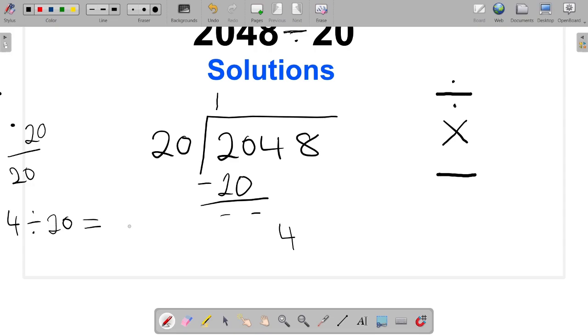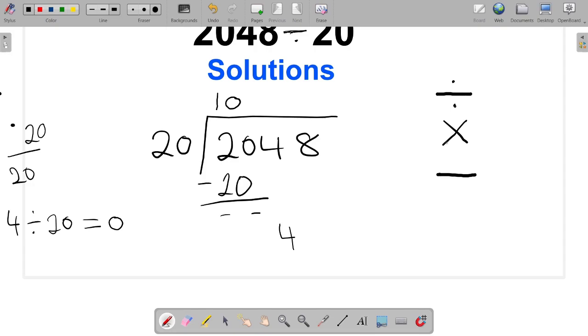Because this number is in the middle, when the number cannot divide, you just write 0, because the number we are dealing with is in the middle, not at the beginning or at the end. So you bring 0. Then this 0 is the answer, so you put it on the top like this.